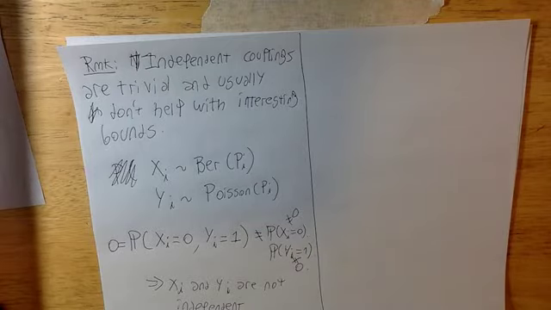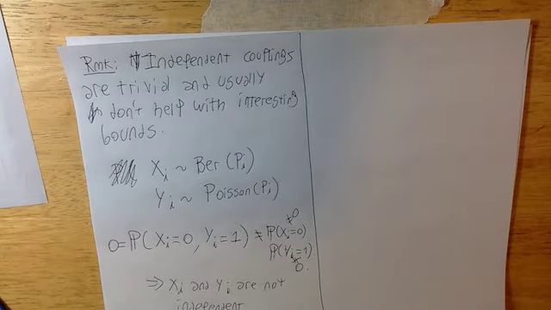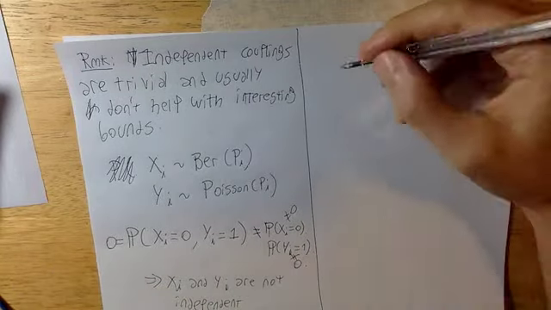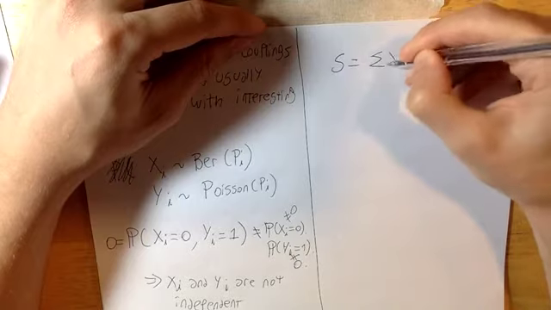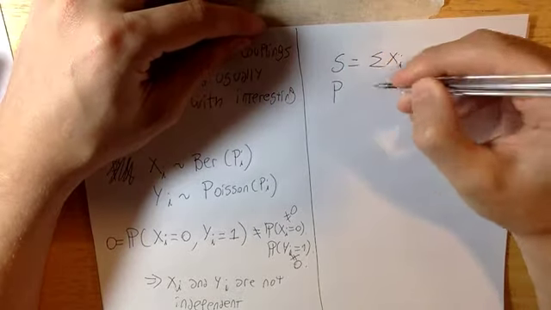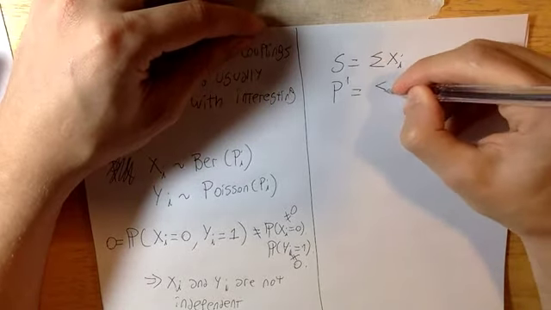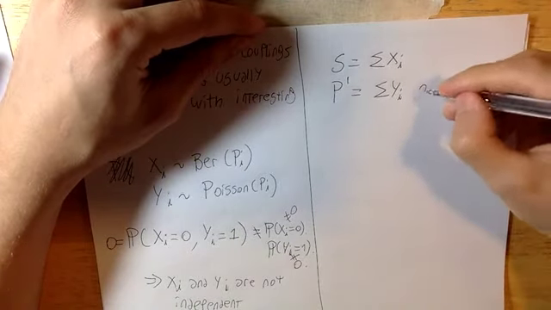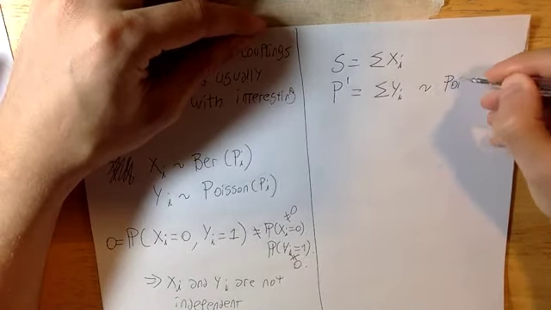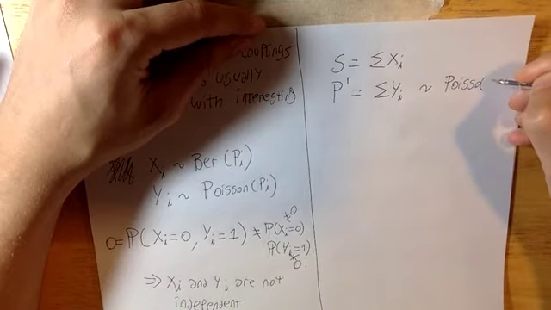Now, the point is, we consider S, which is the sum of xi, and we consider P prime, which is the sum of yi, which is distributed with Poisson lambda.